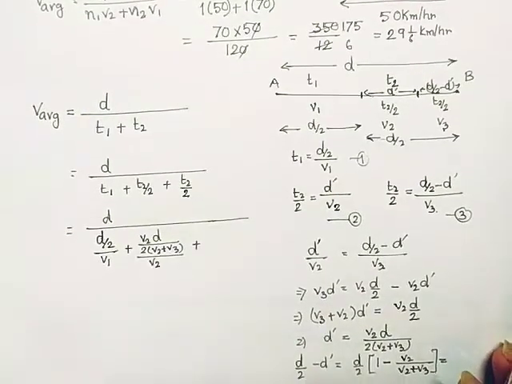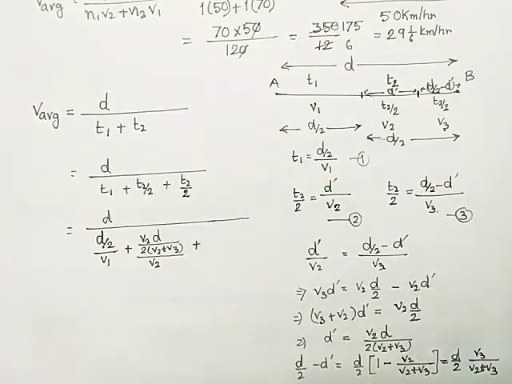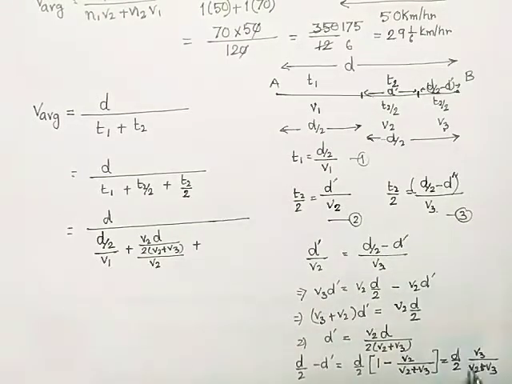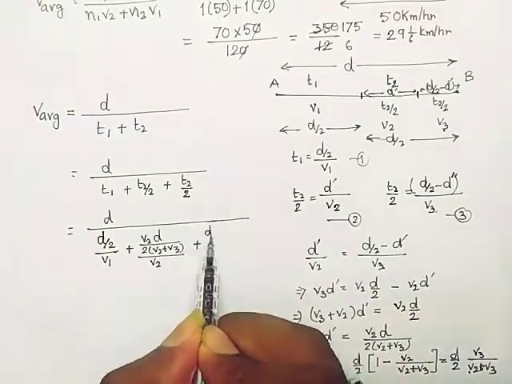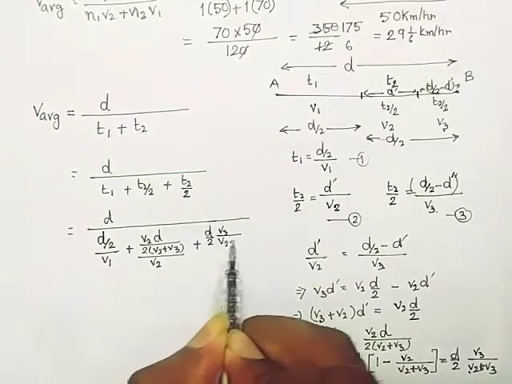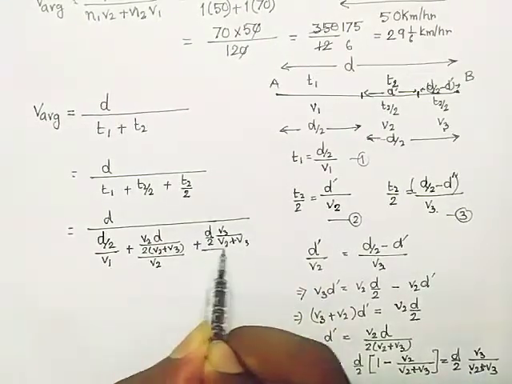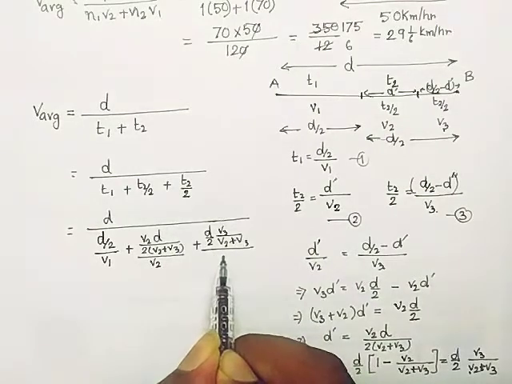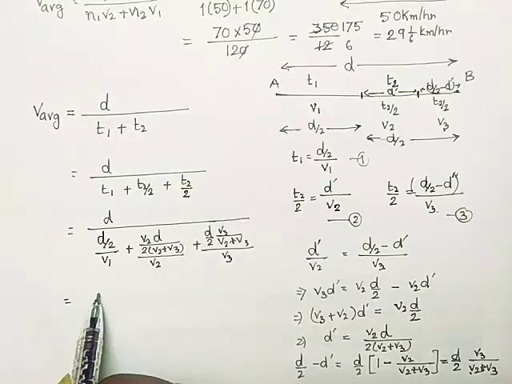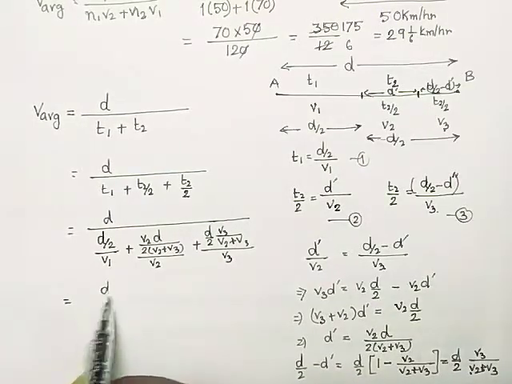So this thing becomes d by 2 into v3 divided by v2 plus v3. So if I put this distance d by 2 minus d prime, that is calculated here, d by 2 times v3 by v2 plus v3, divided by v3, then the equation simplifies and becomes d.